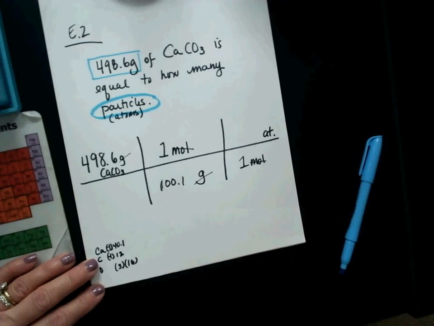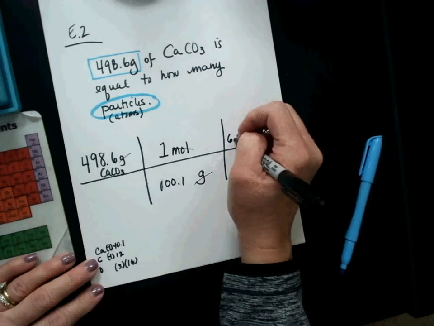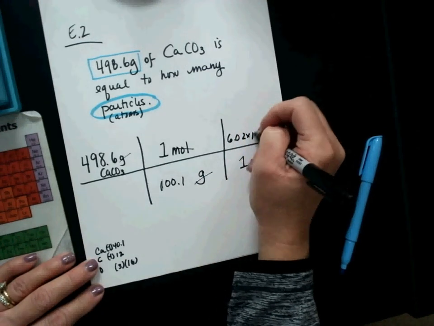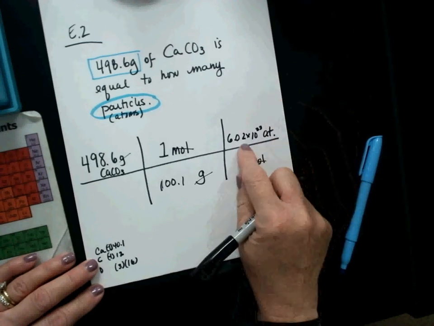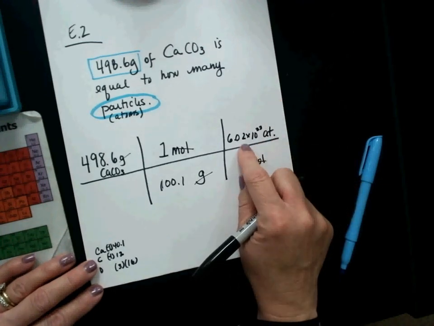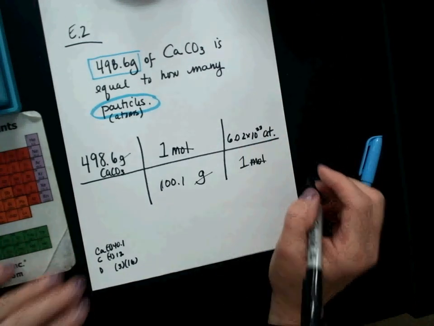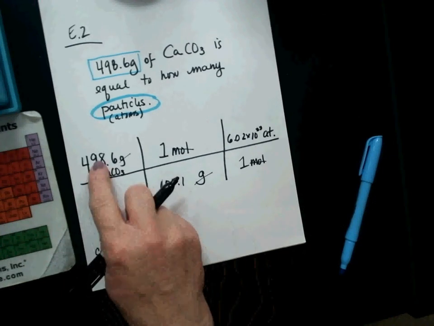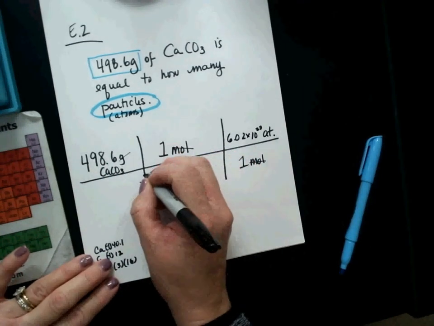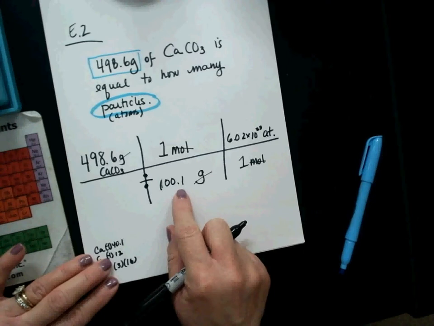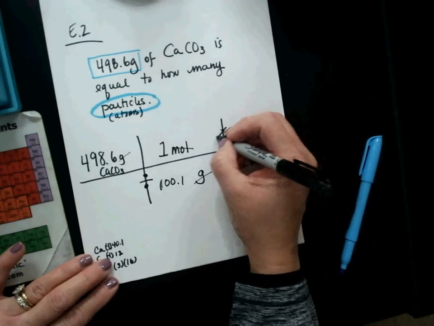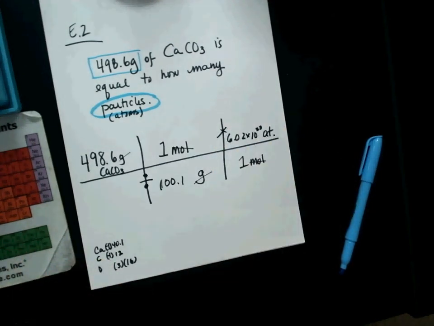What's the only number I can use for atoms? Yep. 6.02 times 10 to the 23rd. Whose number is that? What's that guy's name? Avogadro. Good. So let's punch it in our calculator. 498.6 divided by 100.1 times 6.02 times 10 to the 23rd. Be sure that last part is in parentheses when you put it in.